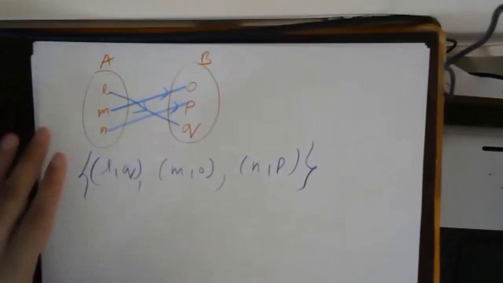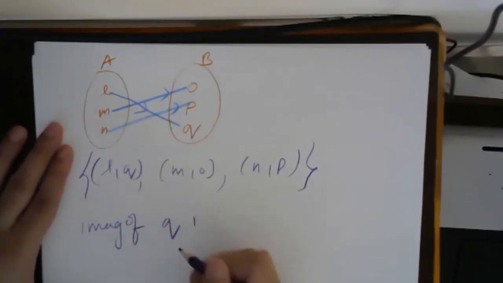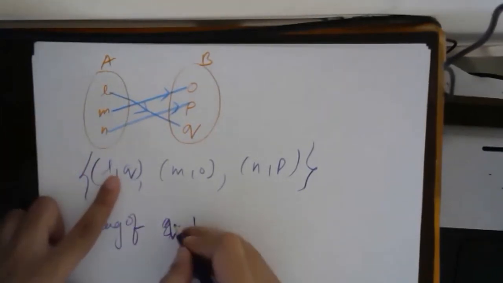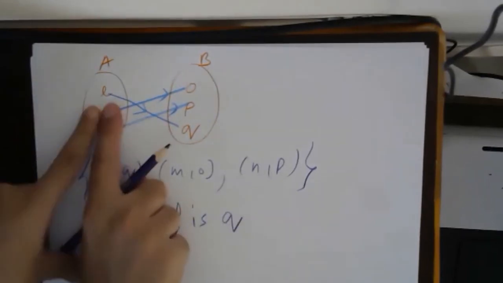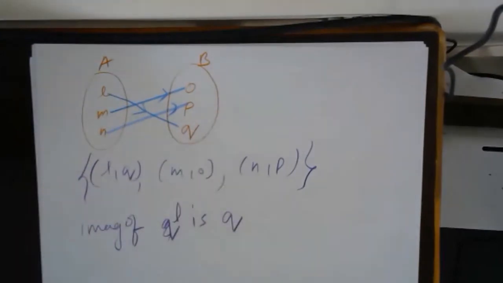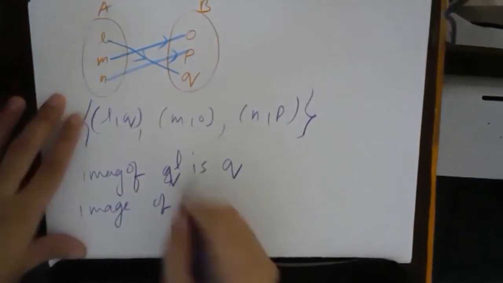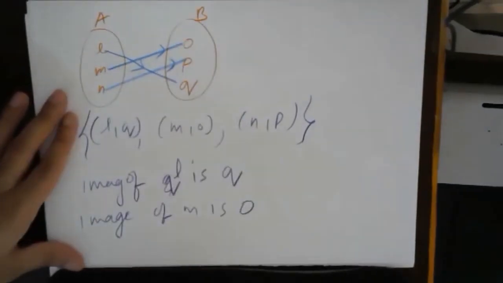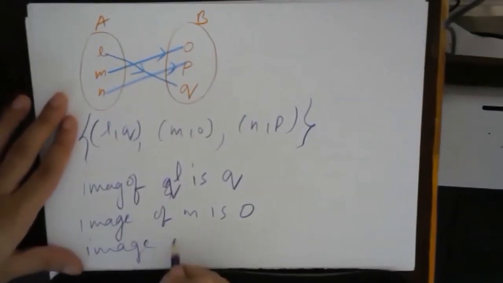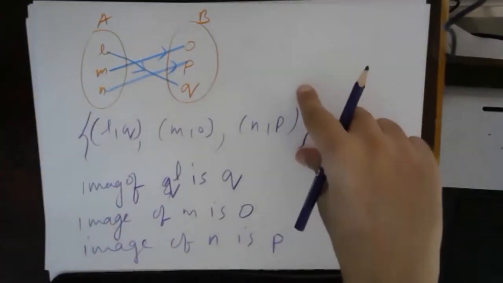Then I can say the image of L is Q. If I want to write in long words, I will write the image of L is Q. I can write the image of M is O. I can say the image of N is P. Either I can write this or I can write this.